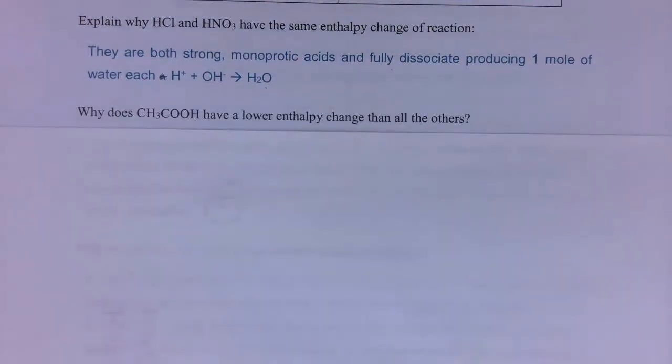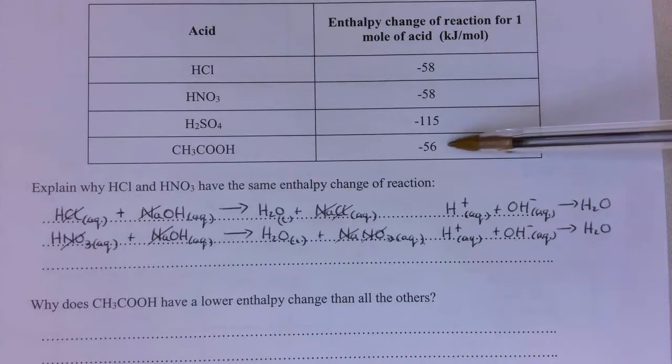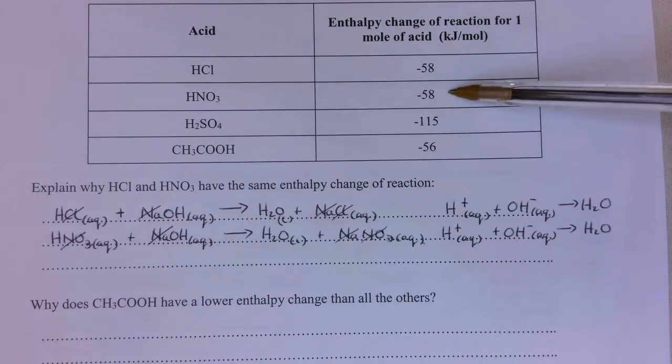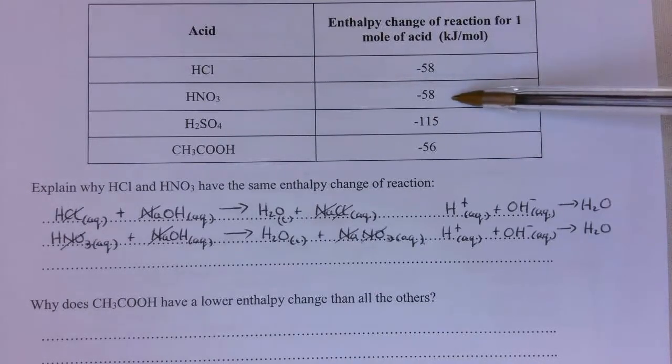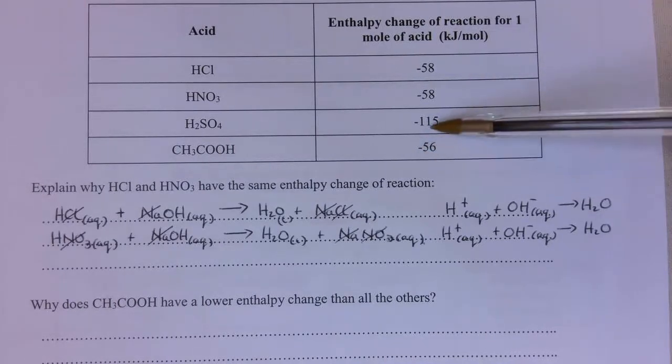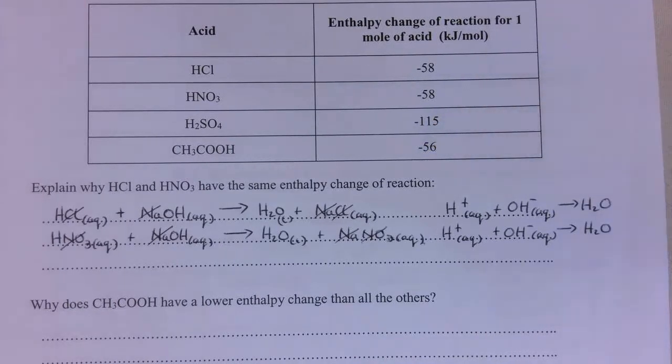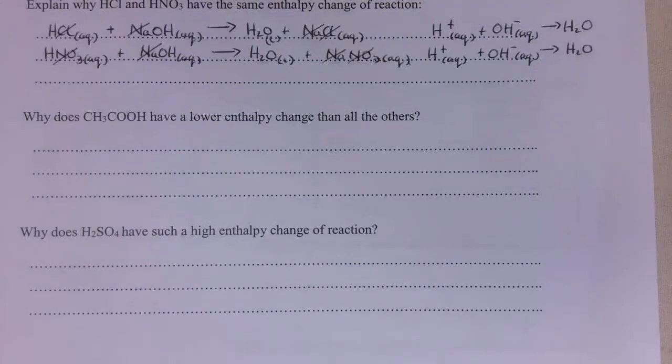So the next question is, why does the ethanoic acid have a lower enthalpy change than all the others? The first thing you should notice is it's very close to the other two monoprotic acids, but it's just slightly lower. And again, it's always good to start with an equation for these.